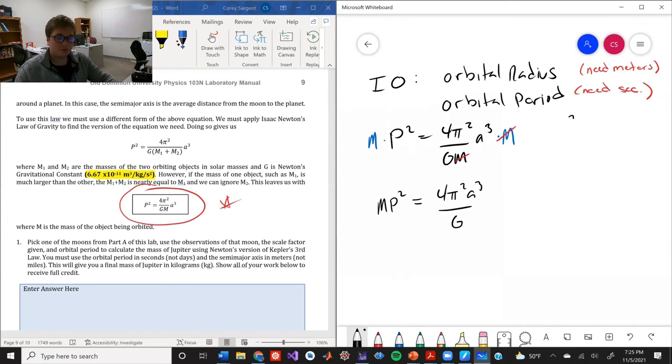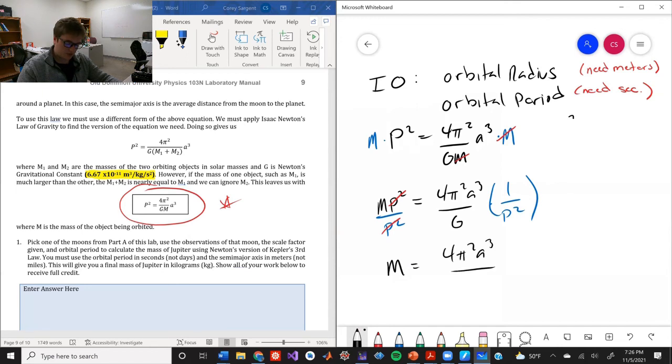So let's divide both sides of the equation by P squared, which is the same as multiplying by 1 over P squared. On the left-hand side, these P's cancel, and we are left with M by itself, just like we wanted, equal to 4 pi squared a cubed over P squared G.